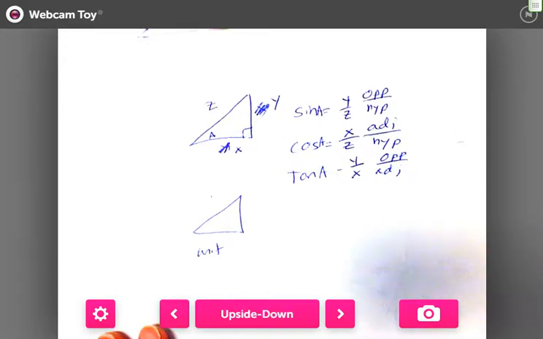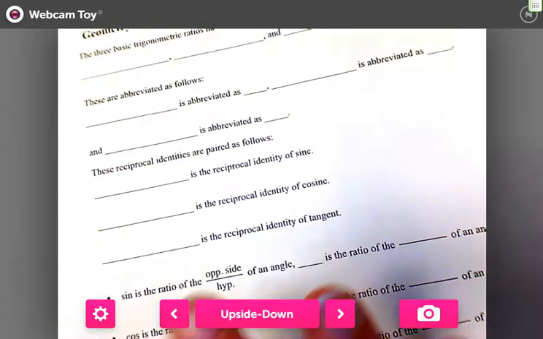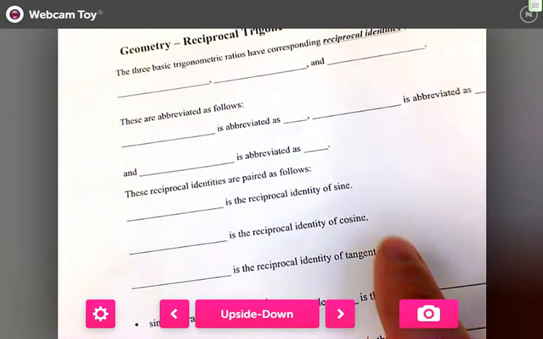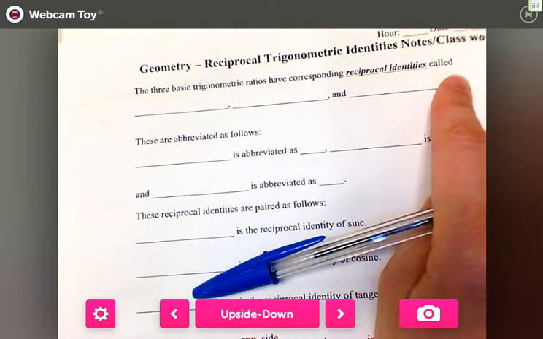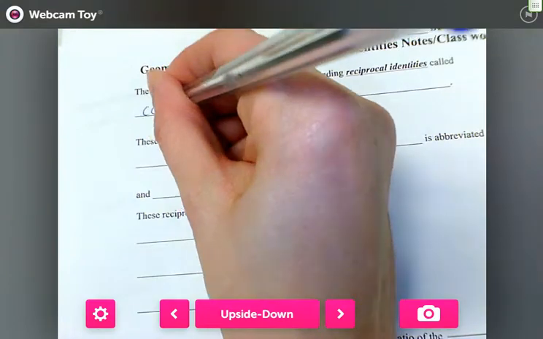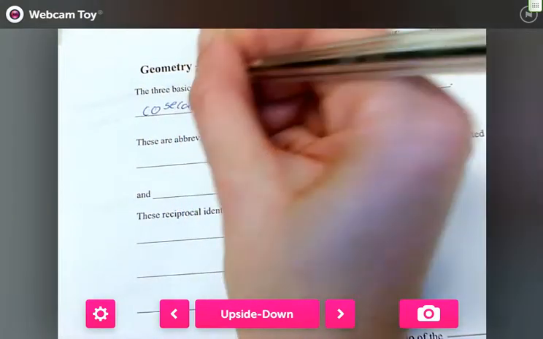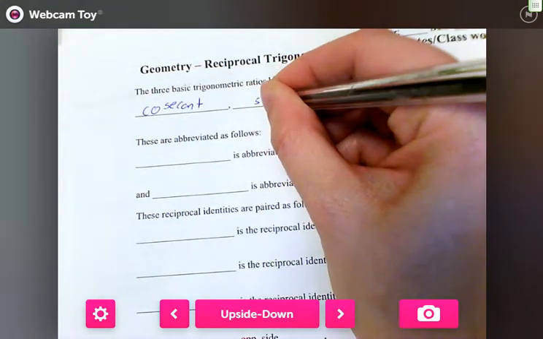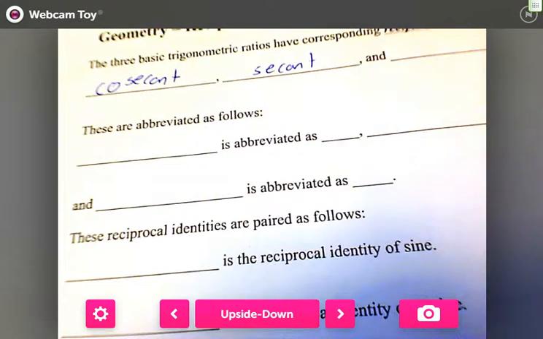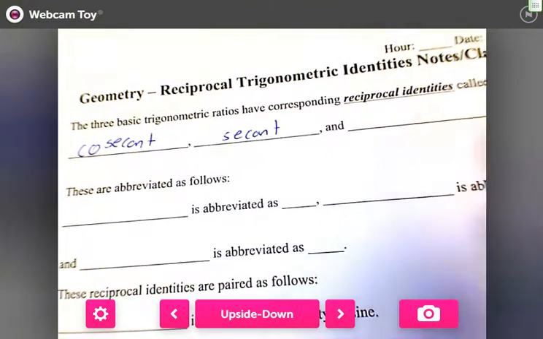Okay. So, we have this right here. We're going to put it to the side, and we're going to be talking about 3 basic trigonometric ratios that have a reciprocal trig identity. These are called cosecant, secant, and cotangent.